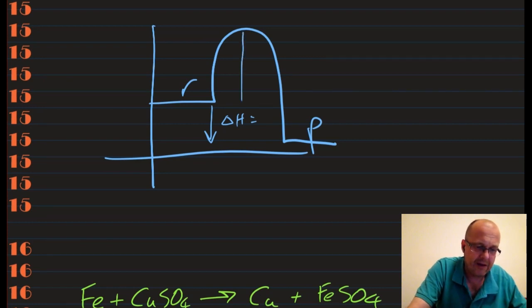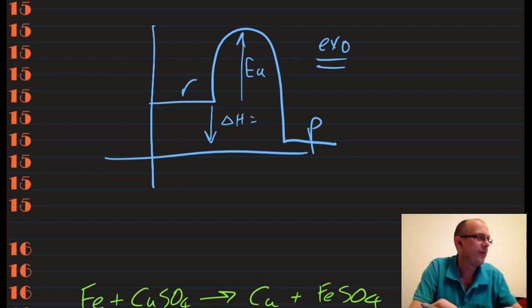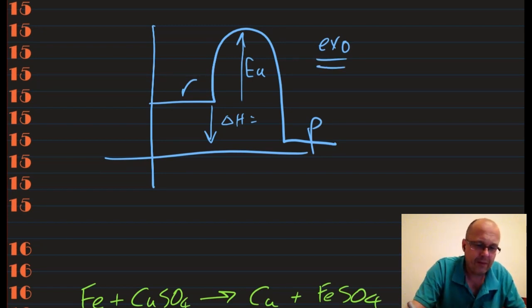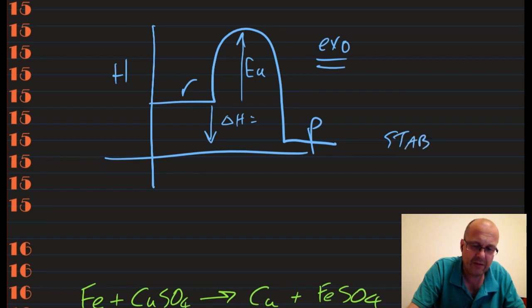And this is my EA for an exo. Right, does that help? So anything with low energy is stable. So anything down here is going to be stable, low energy stable. And anything at the top here is going to be less stable.